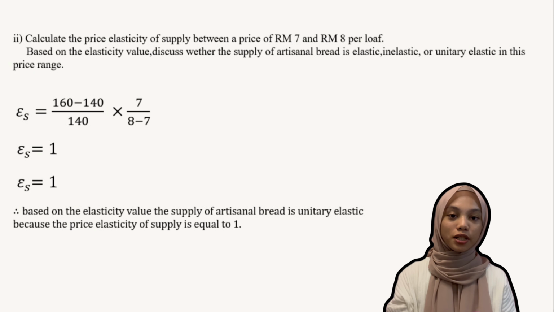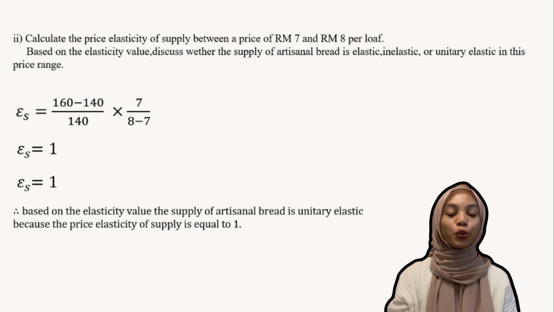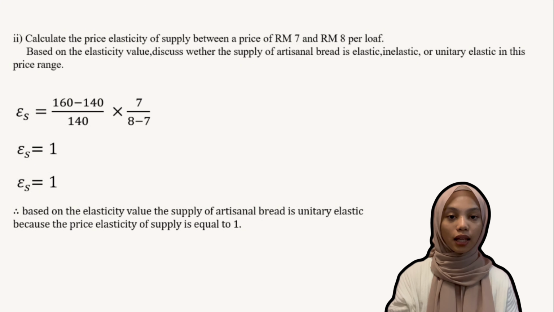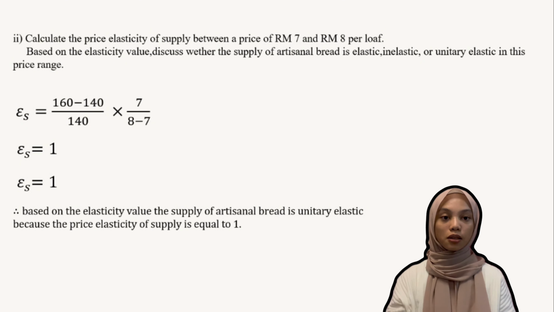The second Roman question is calculate the price elasticity of supply between a price of 7 ringgit and 8 ringgit per loaf. Based on the elasticity value, discuss whether the supply of artisanal bread is elastic, inelastic, or unitary elastic in this price range. So it's given that 7 ringgit is for 140 quantity supplied and 8 ringgit is for 160 quantity supplied.